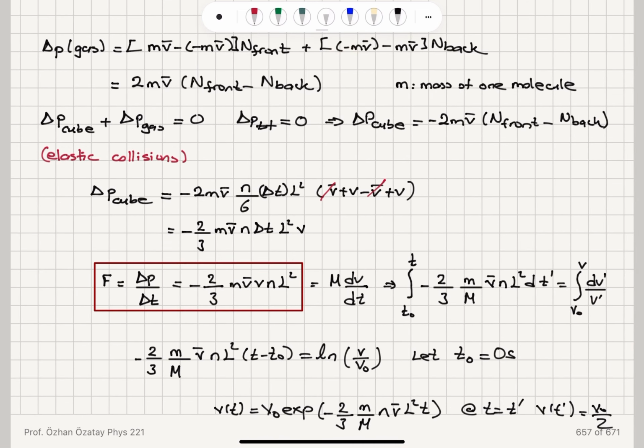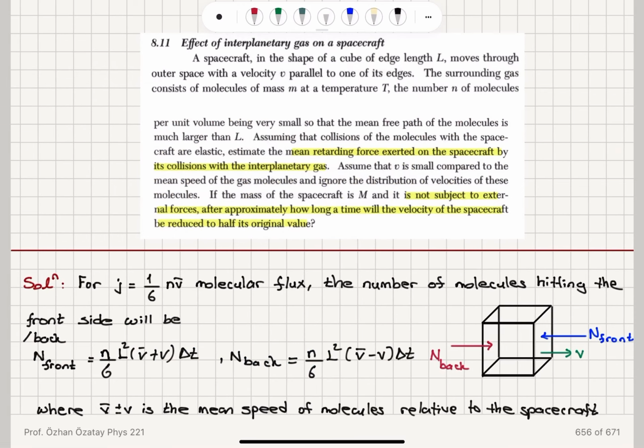So minus m v bar minus initial m v bar. So this multiplied with the number hitting from front and the number hitting from back respectively gives me 2 m v bar as the change in the linear momentum of the gas molecules, multiplied by the difference in the number hitting from front and back side.